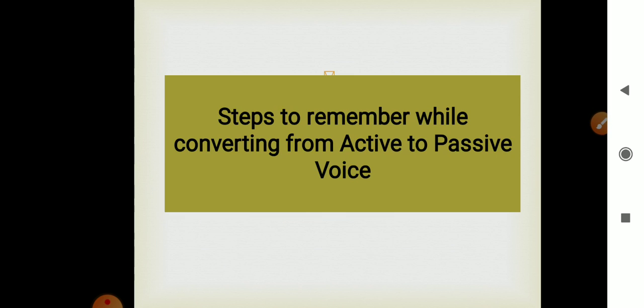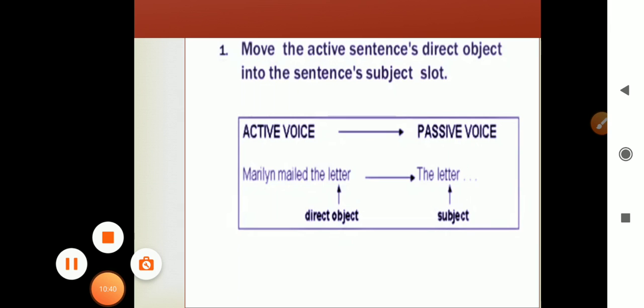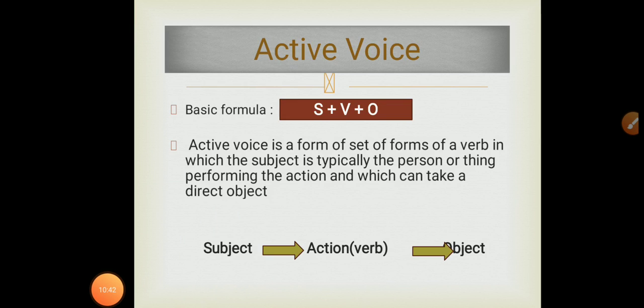Now see here, the steps to remember while converting from active to passive voice. There are a few steps we have to remember. First, we need to think about the verb form in English which indicates whether the subject or object of a sentence does something or has something done to it; this is called the voice.